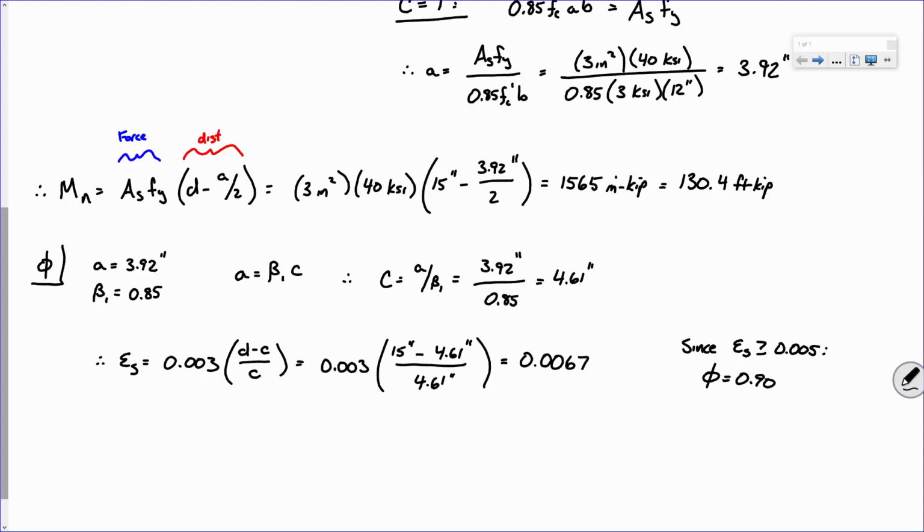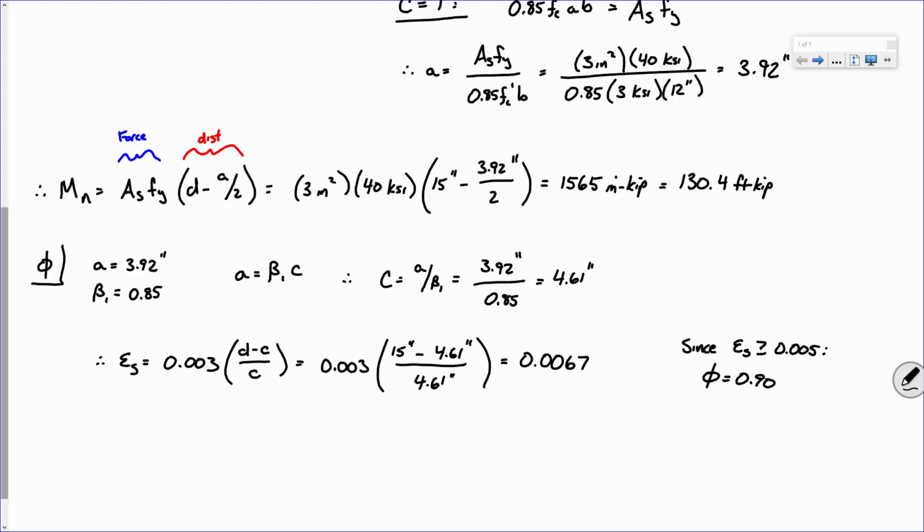And remember, you can kind of think of phi as your safety factor. We're taking that nominal capacity, which you can think of as what would happen if we went down to the lab, put this beam under an actuator and loaded it till it broke.